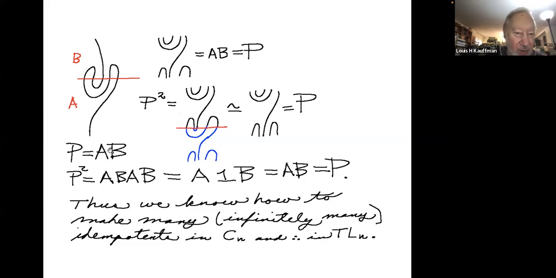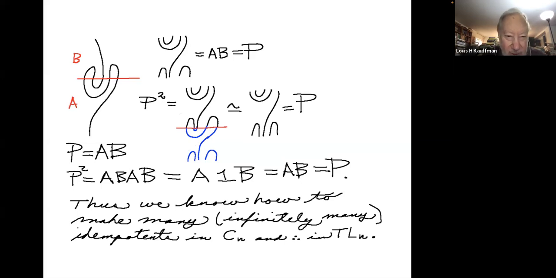If in some category you had a factorization of the identity, then you could define the opposite product as p, and then p squared will produce the factorization of the identity in the middle of it, and that's the identity, and so it goes away, and you will get p squared is equal to p.